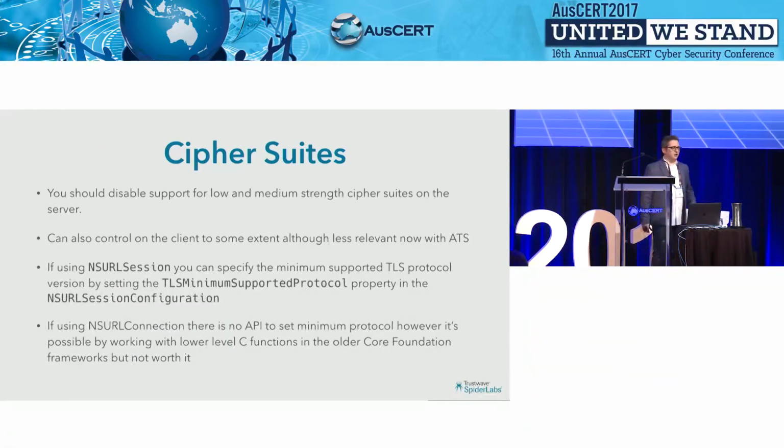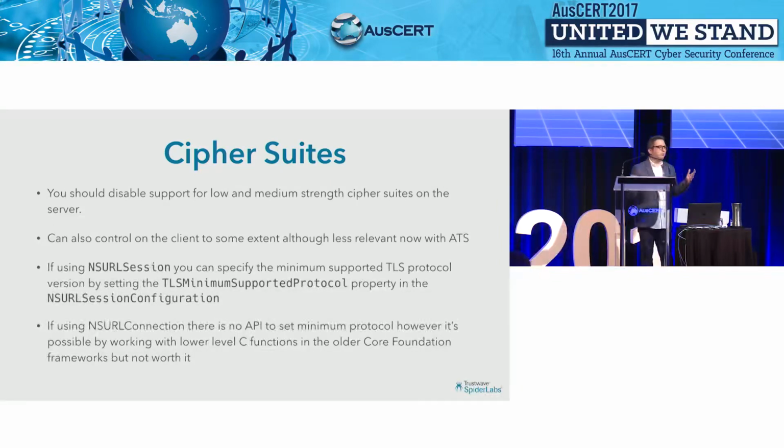Cipher suites: anybody that's got a pen test background or has procured a pen test report will, no doubt, have seen 100 issues on insecure cipher suites. So, pretty standard stuff: disable support for low and medium strength cipher suites on the server. You can also control this on the client to some degree. If you're using NSURLSession, you can specify the minimum supported TLS protocol using the TLSMinimumSupportedProtocol property in the NSURLSessionConfiguration.